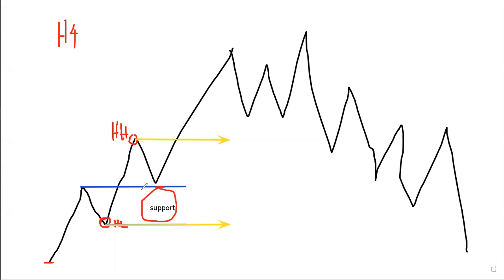You are using this area, however, as your area of validation. If the market does break down and close, the most important thing is if a candle breaks down and closes below here, you are no longer going to be interested in looking for buys to the upside, right? Because now this level has been broken to the downside.